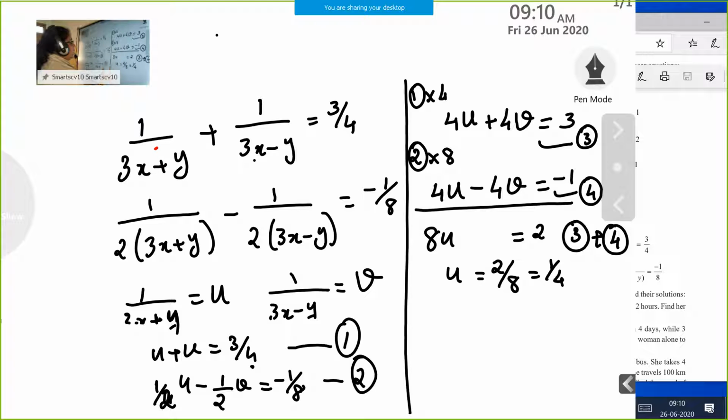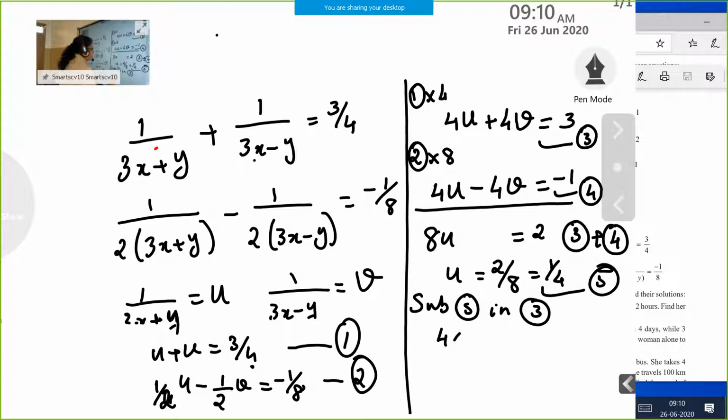Then substituting the value of u in equation 3 or equation 1. This is equation 5. Substituting 5 in 3, that is 4 into 1 by 4, instead of u you write 1 by 4, plus 4v is equal to 3. 4 and 4 cancel.